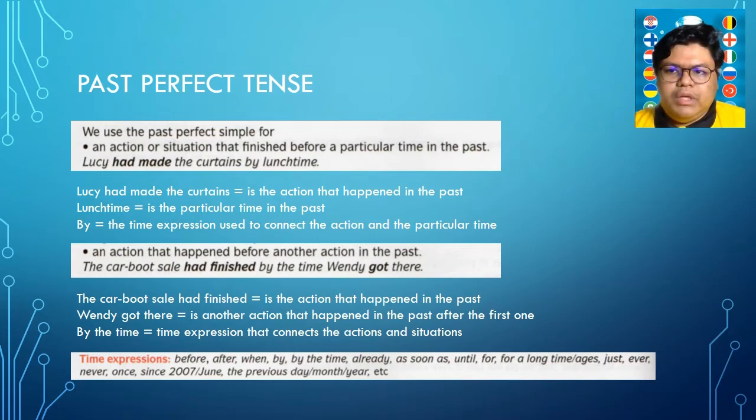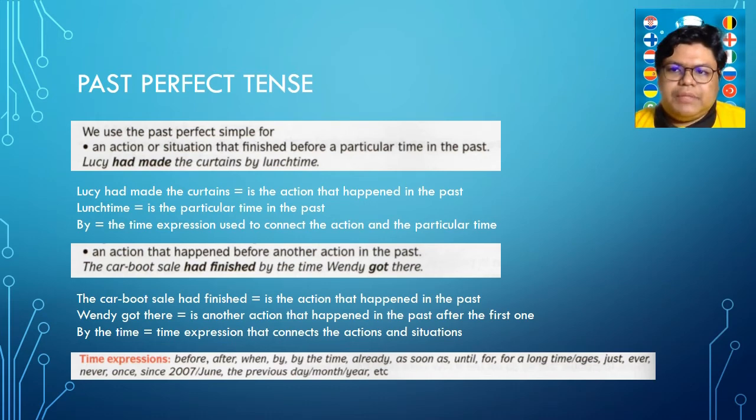Okay, we normally use the past perfect simple for an action or situation that finished before a particular time in the past. For example, Lucy had made the curtains by lunchtime.